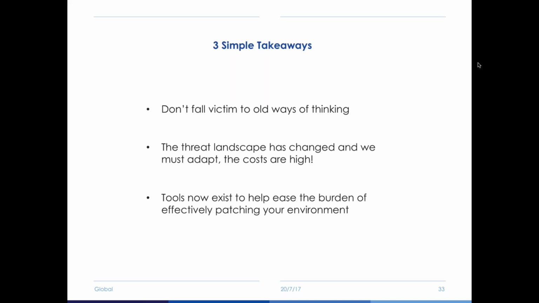We've got to adapt. The costs, as we saw, are high. And there are tools that now exist to help ease the burden of effectively patching your environment. Seeing what's out there as far as our vulnerable processes, our vulnerable applications, pushing out Windows updates, pushing out those vendor patches and things of that nature that make it a lot easier for us. It's not as painful as it used to be in the past.